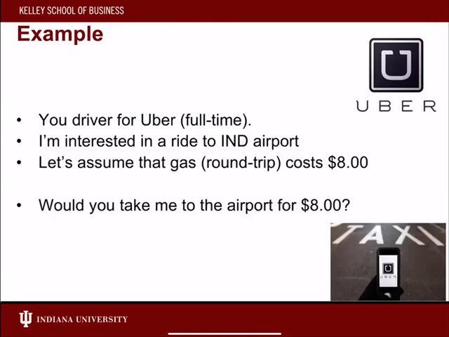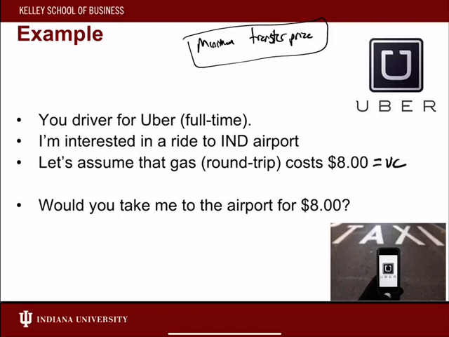Okay, so our last example, this gets to a very important thing in a second, that says what is the minimum transfer price. And when thinking about that, let's assume that we're Uber drivers, or you're an Uber driver, and I need a ride to the airport. I find out that your variable costs for the trip are $8.